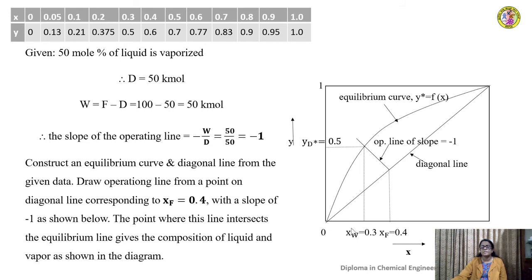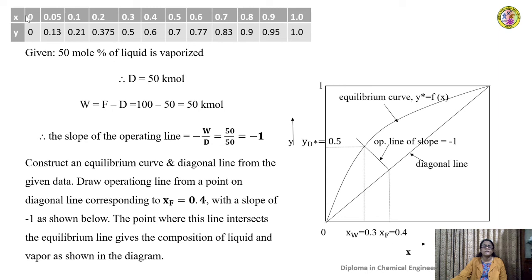The same scale is to be taken on both the axes, and at the point where the mole fraction is equal to 1, you have to draw a straight vertical line, and at point 1 of y values on the y-axis, you have to draw a horizontal line. So that makes you construct a box like this and join the corner points to get the diagonal line.